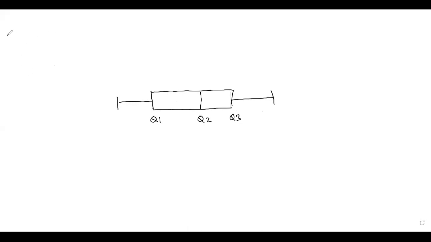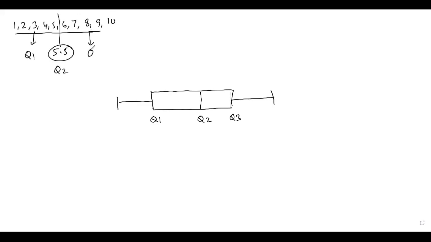For example, if I have a set of data, 1, 2, 3, 4, 5, 6, 7, 8, 9, 10, and I arrange this data set in ascending order, the median will be between 5 and 6, so 5.5 is the median. This will be my Q2, 3 will be my Q1, and 8 will be my Q3.